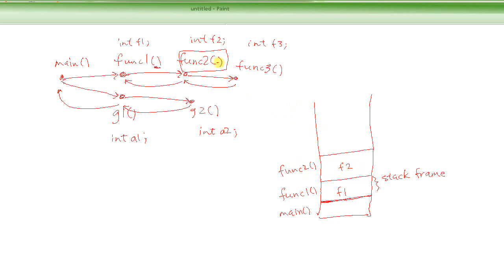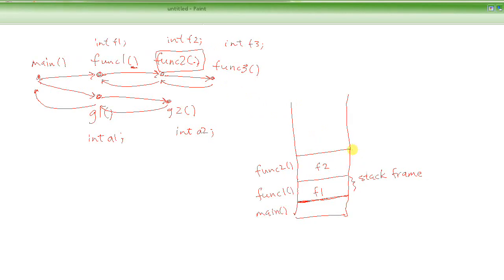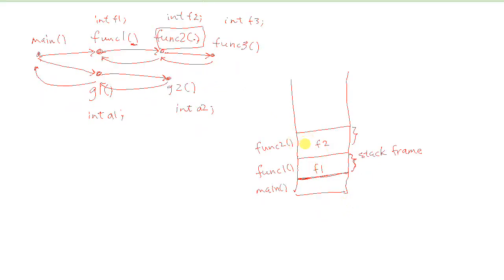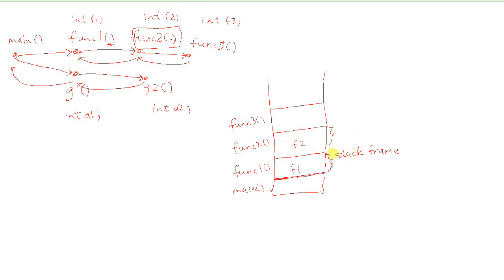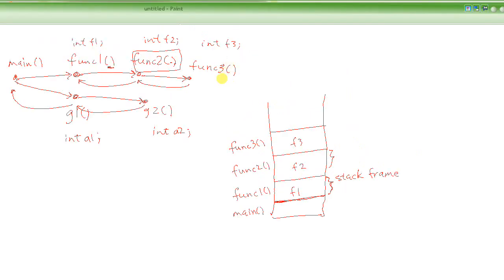And remember, this size could be totally different from this size, depending upon how many local variables are defined in func2. Similarly, func2 calls func3, so a frame is created for func3 here on the stack, with the variable f3 in it, plus any parameters and any other variables as well.